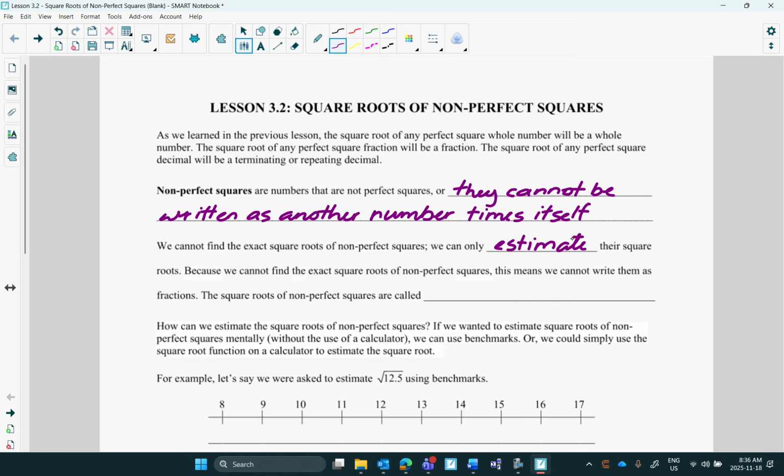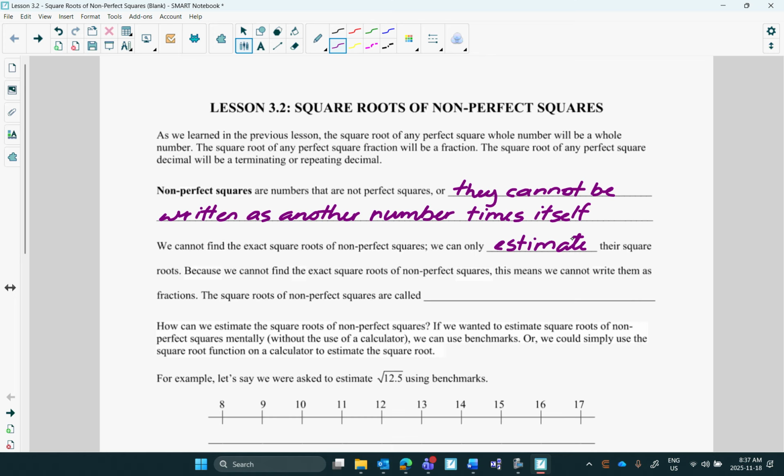And because of this, and this goes back to something we talked about in the second unit, okay? If you tried to take, say, the square root of 5 on your calculator, you would get 2 point, and then a whole bunch of decimals. And actually, those decimals never repeat and never end.